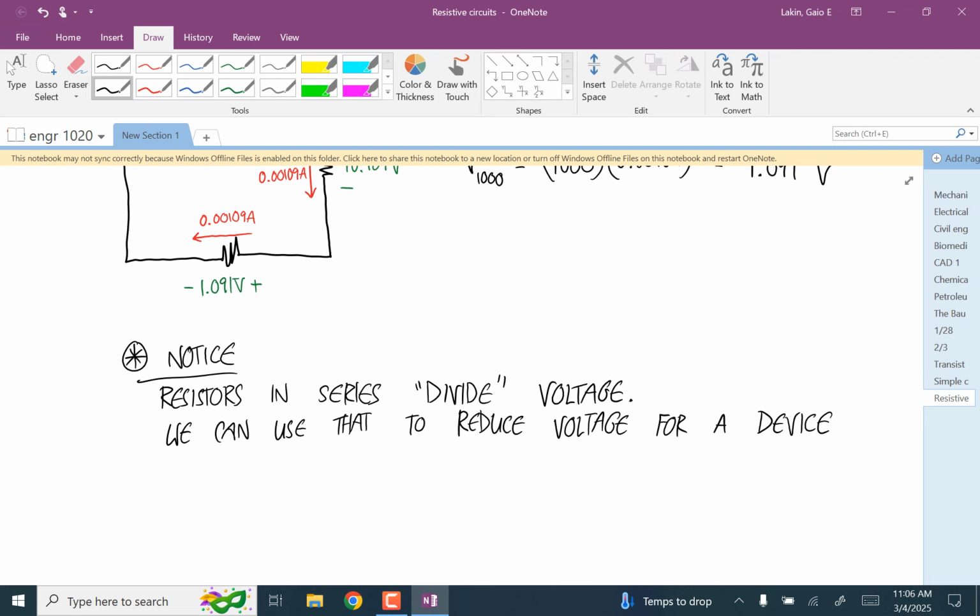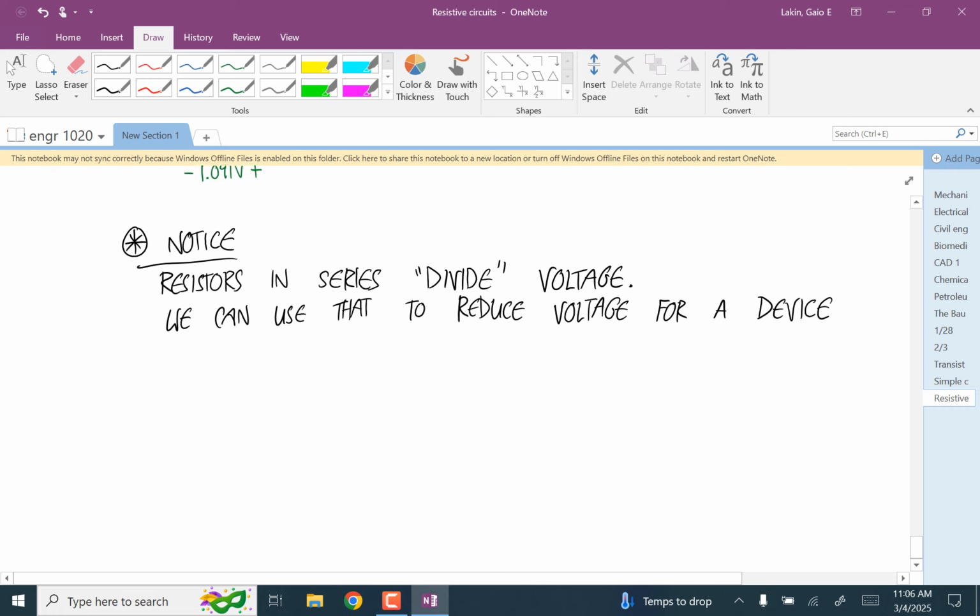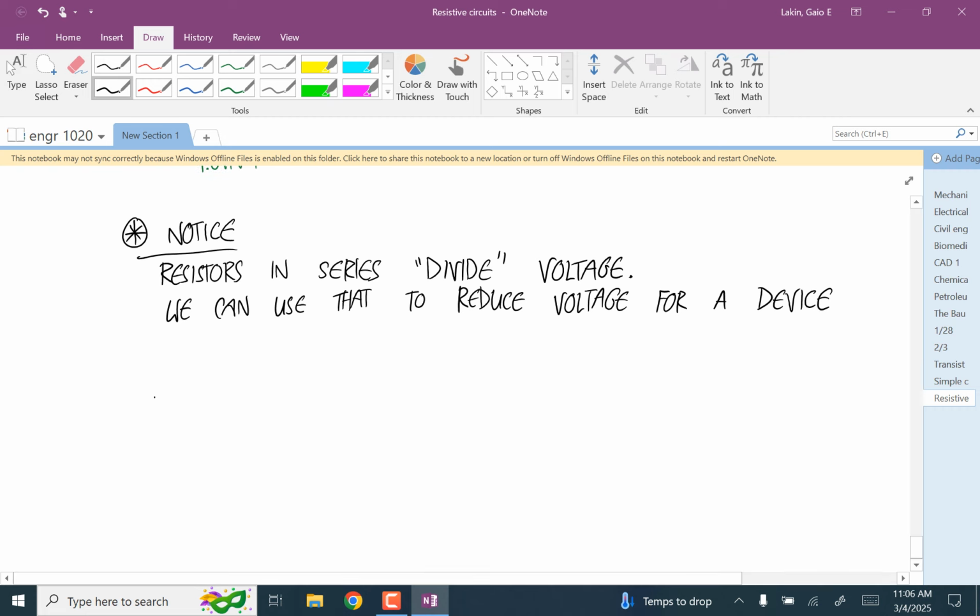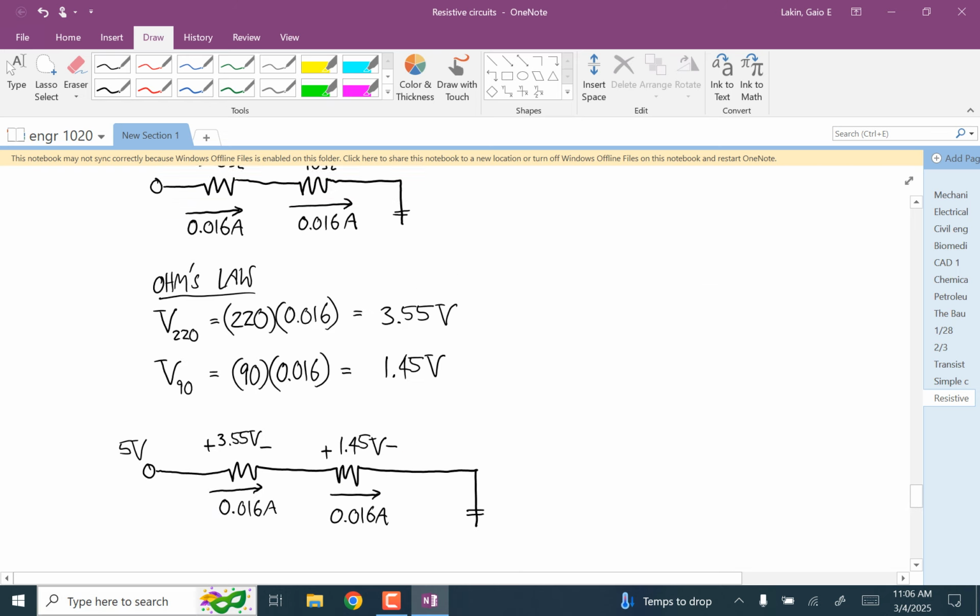Okay, so now that's if your resistors are in series. Now, what happens if your resistors are in parallel?